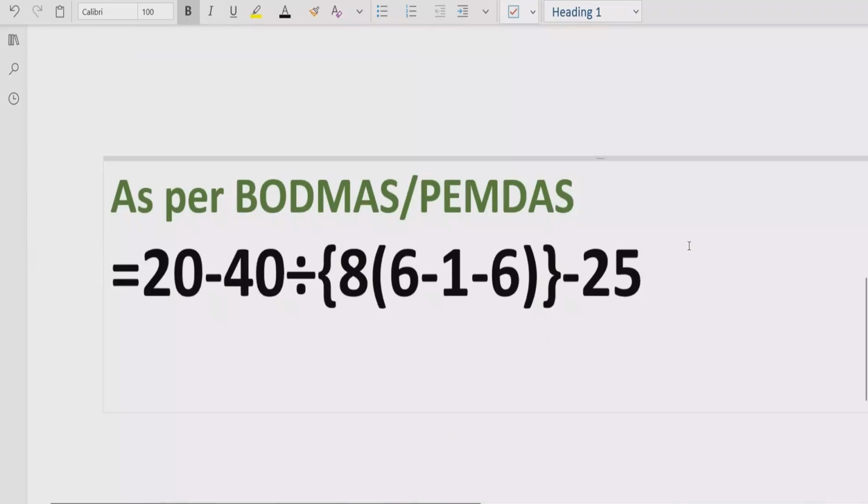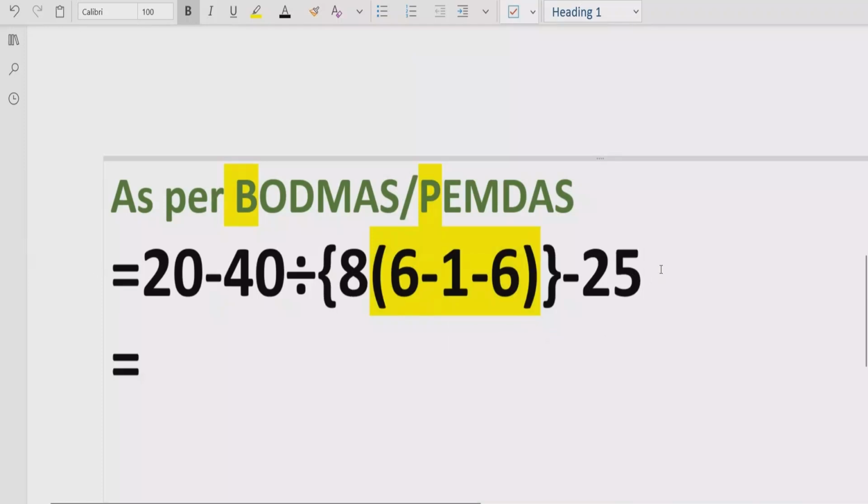Now move forward to solve the given expression. According to the BODMAS and PEMDAS rule, first of all, we have to solve the bracket or parenthesis. So we have here two types of bracket. One is the rounded bracket and the other one is the curly bracket. So now we have to solve first the inner bracket. So we will solve this one.